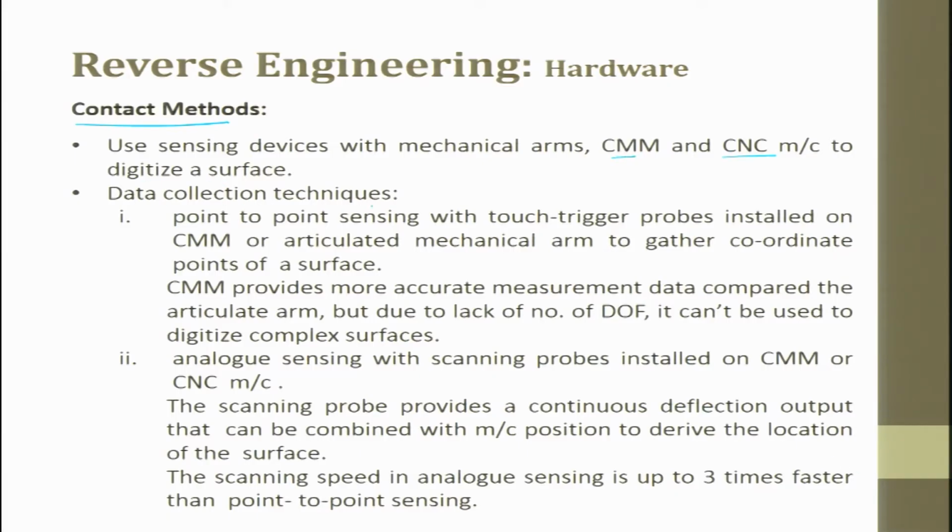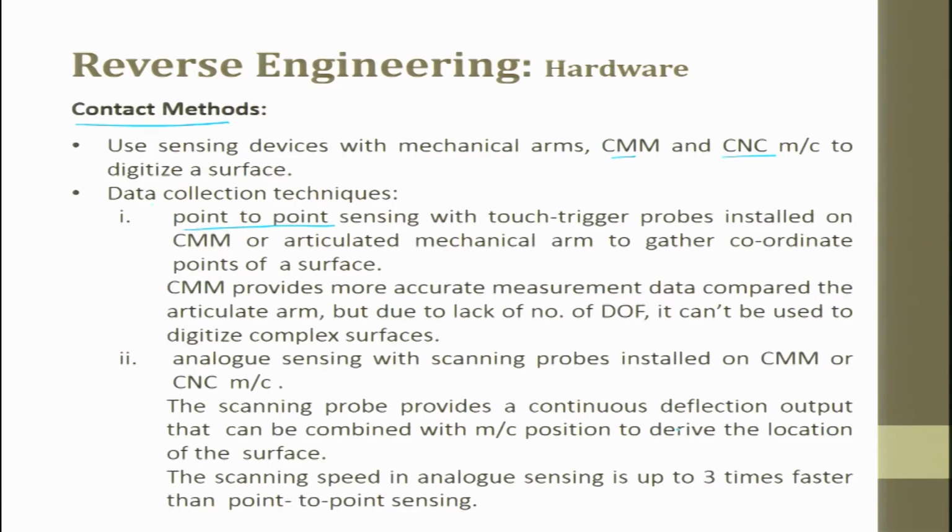The data collection technique is point to point sensing with a touch trigger probe installed on a CMM machine or articulated mechanical arm to gather coordinate points of a surface.